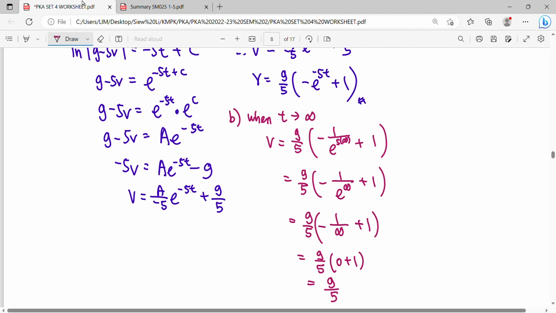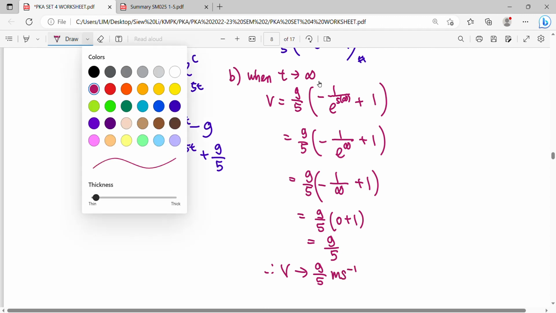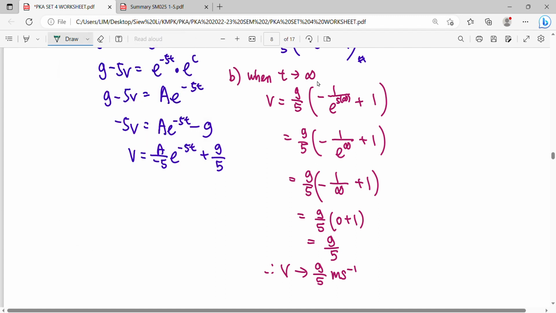So when t approaches infinity, conclusion, V approaches g over 5 in meters per second. Done? Done here? Question C.